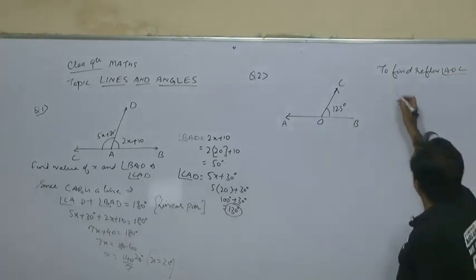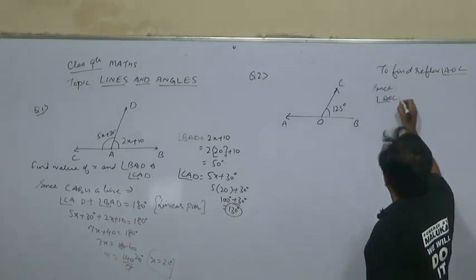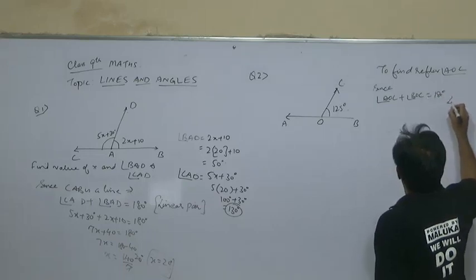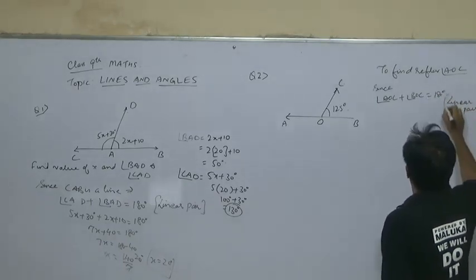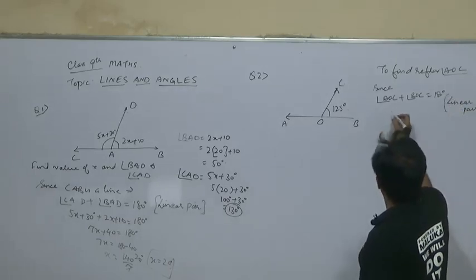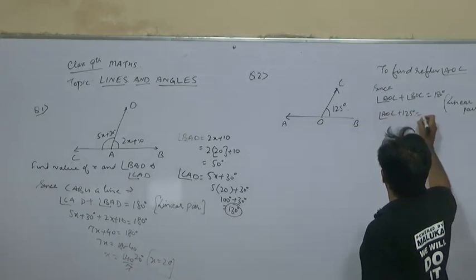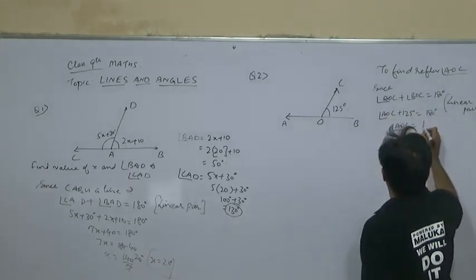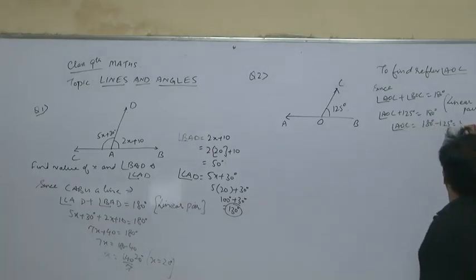Now we know that angle AOC plus angle BOC is equal to 180 degree, since it forms a linear pair. We want to find AOC, BOC is 125 degree. So AOC is equal to 180 degree minus 125 degree, which is 55 degree.